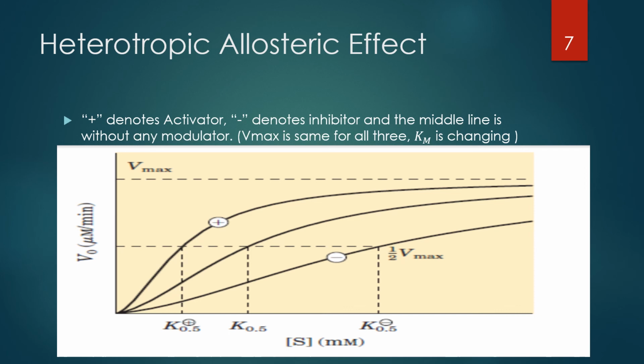So as you have seen, the Michaelis-Menten value for the activator is less than when there is no activator or inhibitor, and the inhibitor has the maximum Km value. And this is very much justified because the rate is inversely proportional to the Michaelis-Menten constant. Therefore, we can say the activator has a higher rate than when there is no modulator or regulator, and the inhibitor has a lower rate.